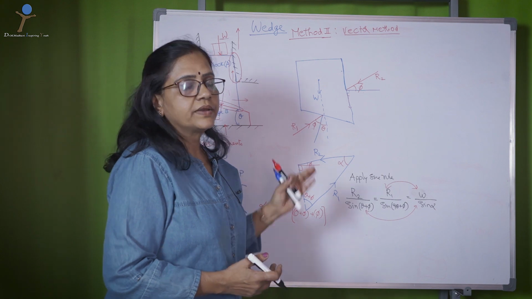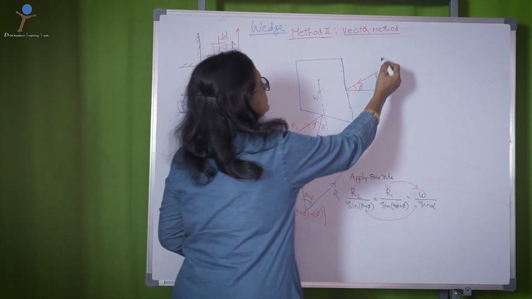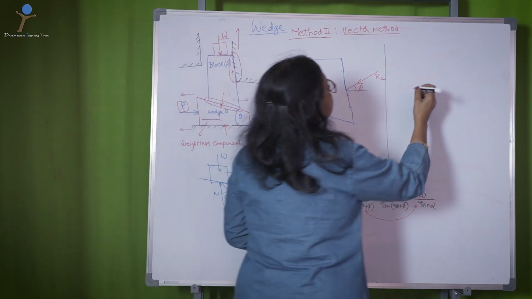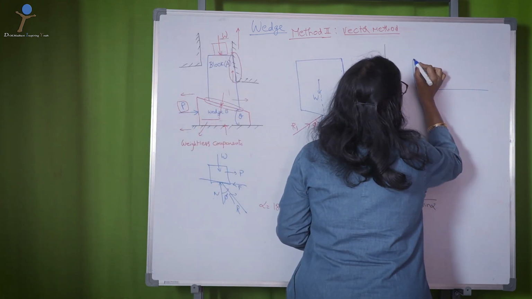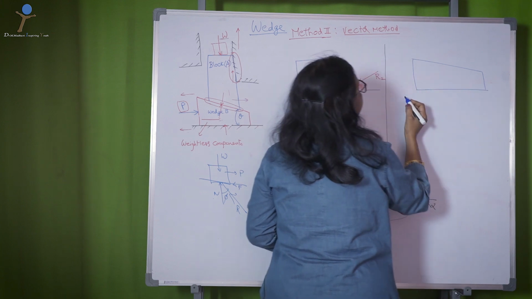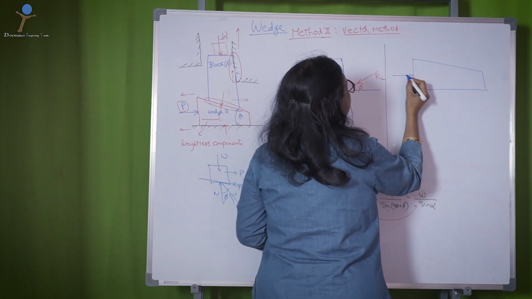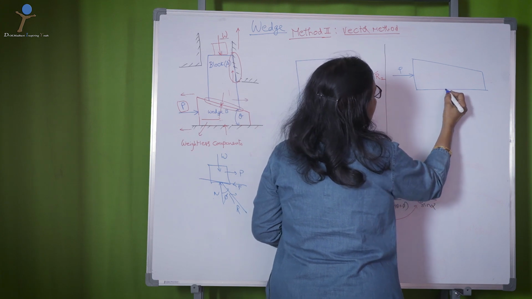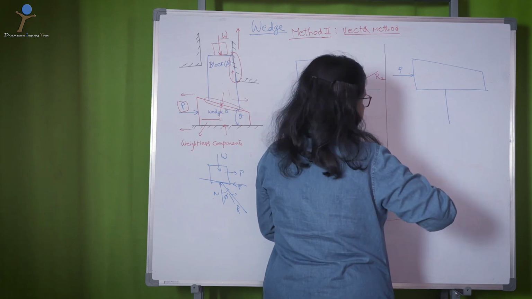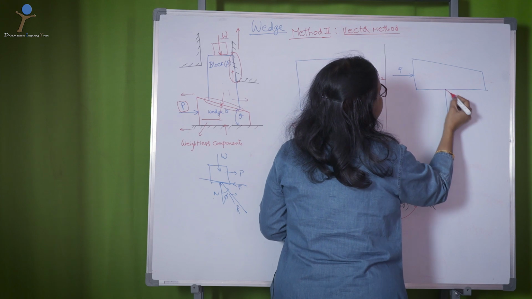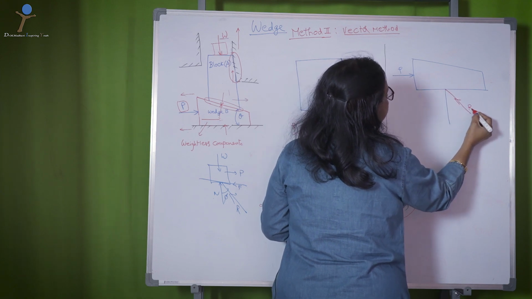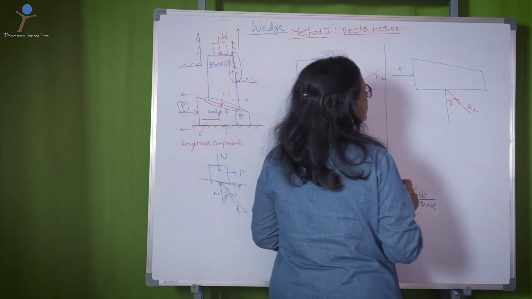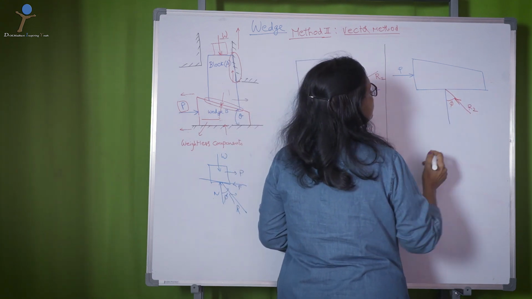Now, let us solve for the wedge. Now, the wedge is this way. This is the force P. Then you have the resultant total reaction on this, let me call R2, which is making phi here, upward direction, right.